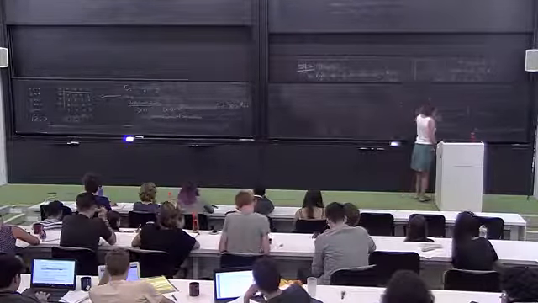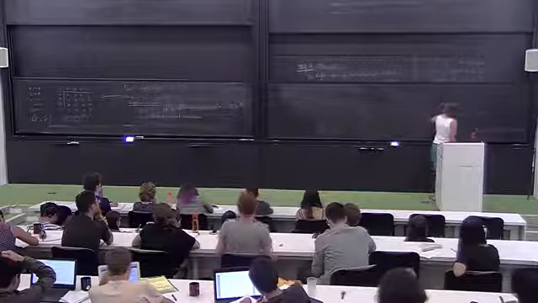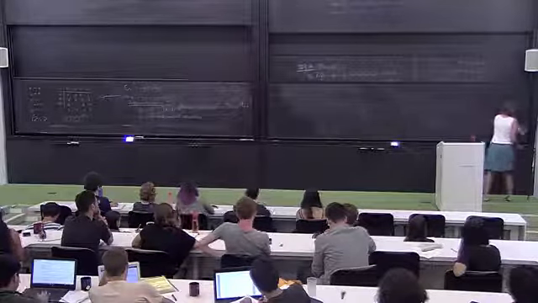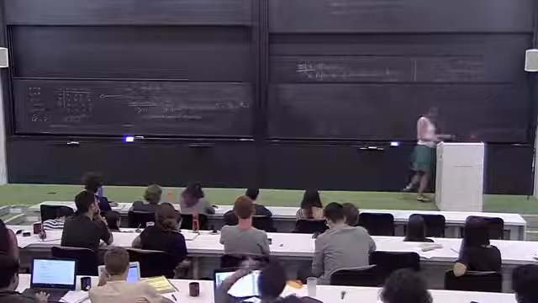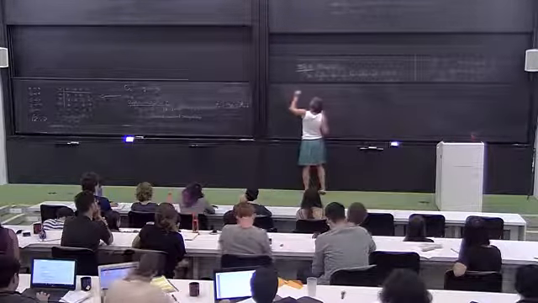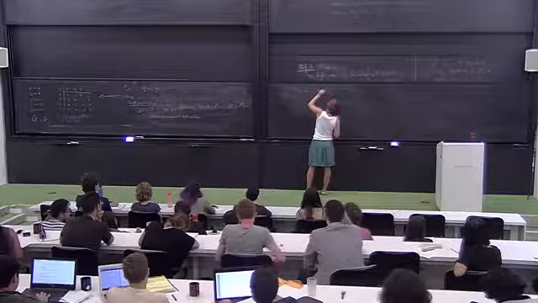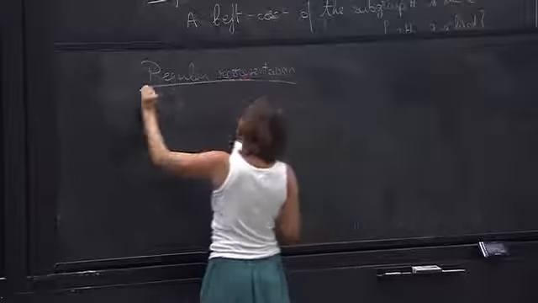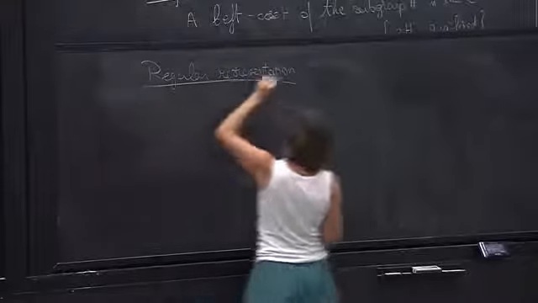Let's look at another representation that we are going to call the regular representation, which is also an important representation for discrete groups. So let's introduce the regular representation here. It's another representation of C4.